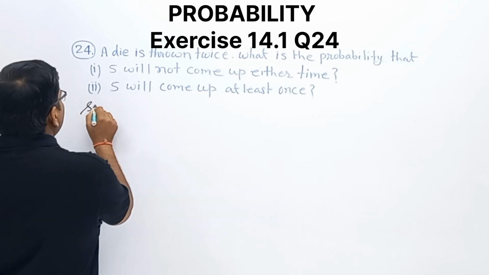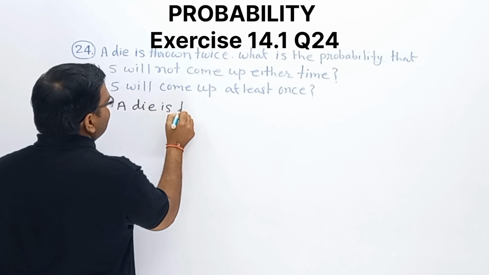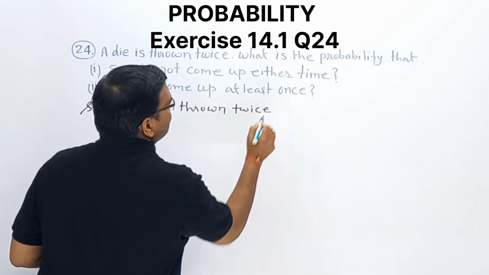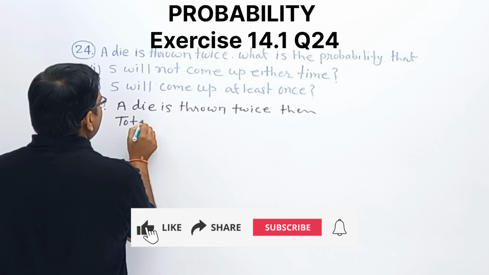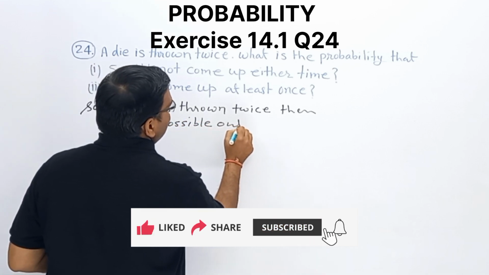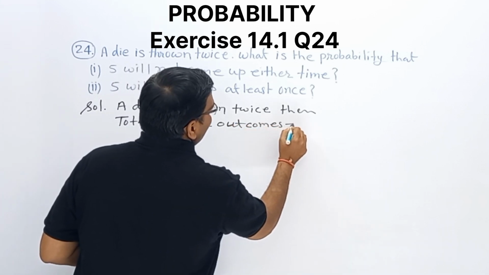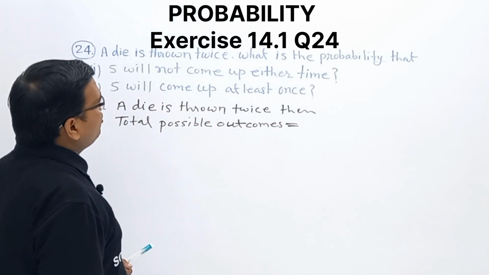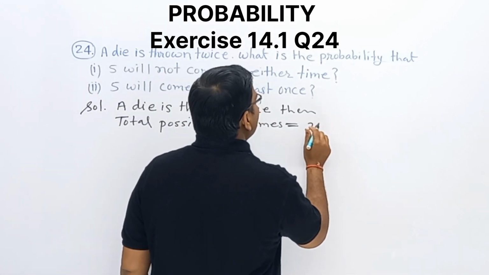Observe first its solution. A die is thrown twice, then total possible outcomes equal to 6 power 2.